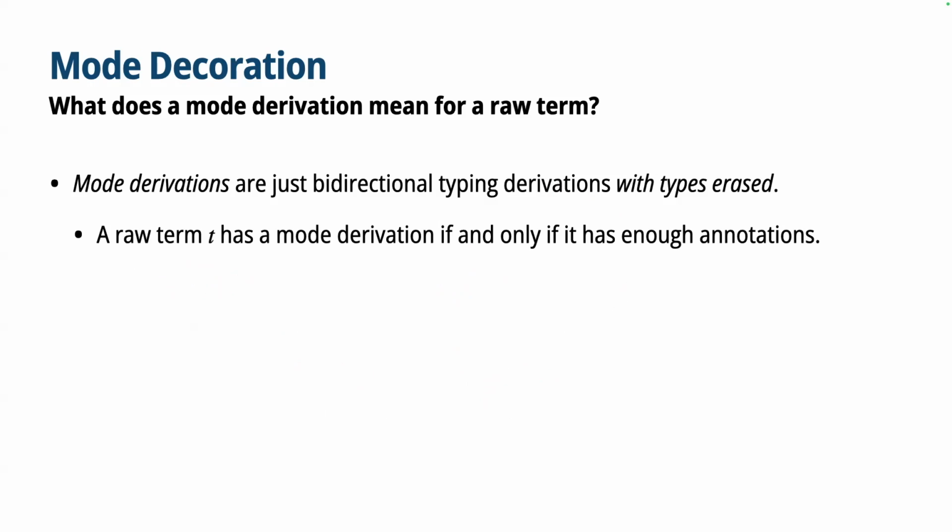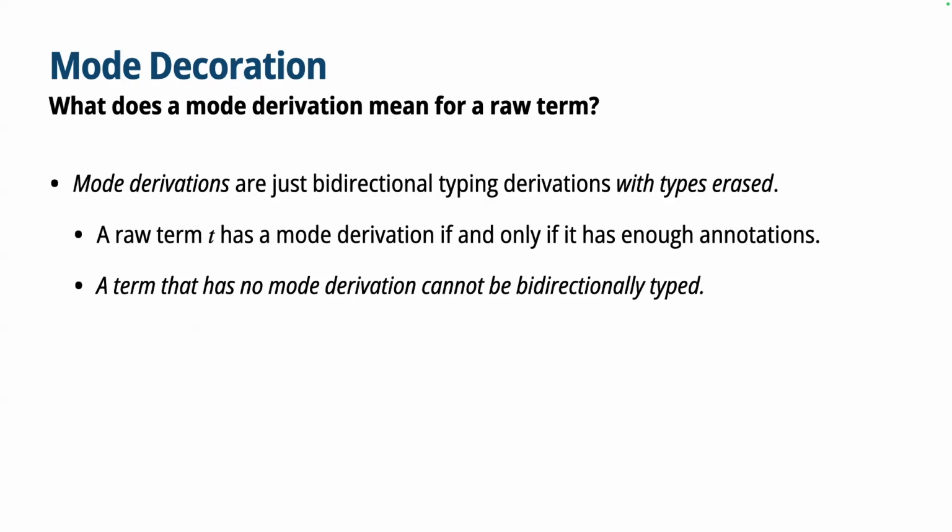And why is that interesting? Intuitively, if your program does not have enough annotation to do the type checking, then it will not have the right mode derivation for that term. So we can use this to check if we have been annotated enough.